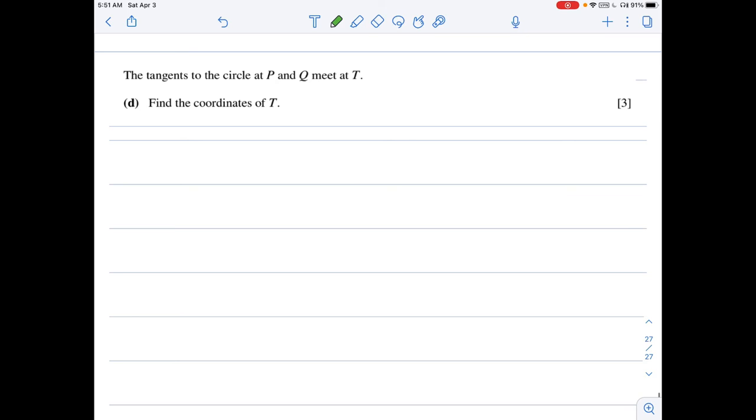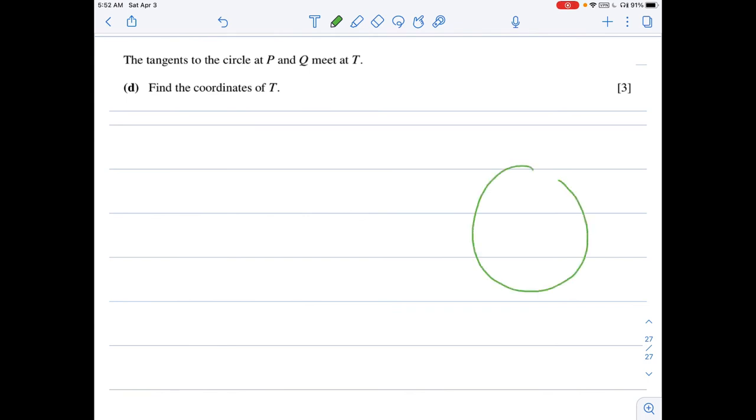Now finally part D. The tangents to the circle at P and Q meet at T. Find the coordinates of T. So what am I going to do? I am going to quickly draw a circle. A circle is being drawn. Now PQ.